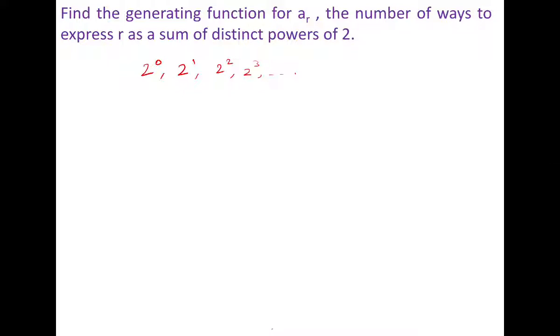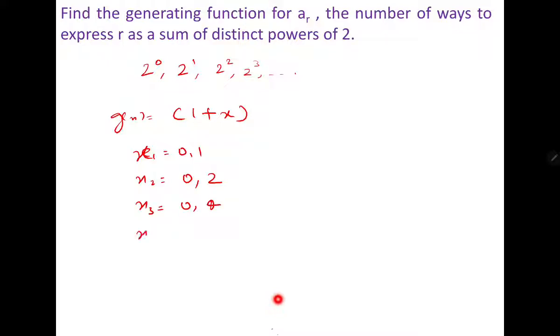So you can say that g(x) is 1 plus x, because the value of e1 is either 0 or 1; then the value of x2 is either 0 or 2 raised to the power 1, x3 is 0 or 4, x4 is 0 or 8, and so on. That's why the bracket is 1 plus x square, 1 plus x raised to the power 4, and so on, which is the required generating function.